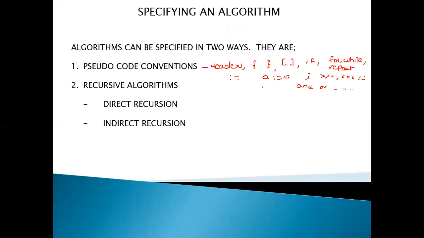After that, recursive algorithms. Recursion means an algorithm calls itself. Two types of recursion techniques are there: direct recursion and indirect recursion. Direct recursion means an algorithm F1 calls the same algorithm.